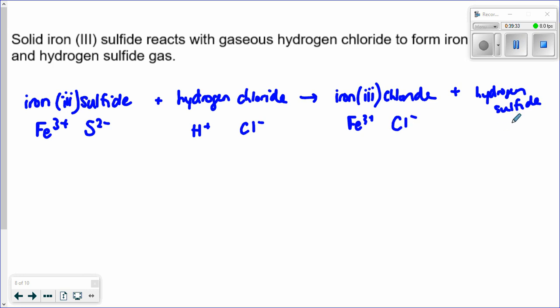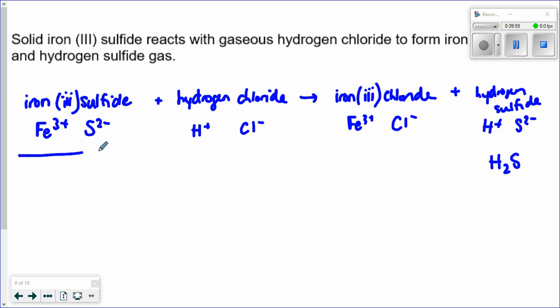And hydrogen sulfide, again, that's one of our memorized moleculars, or I guess you could do it as an ionic compound too. That makes more sense. So hydrogen forms a 1 plus, sulfur forms a 2 minus. So you need to have 2 positive charges to balance out the 2 negative charges there.